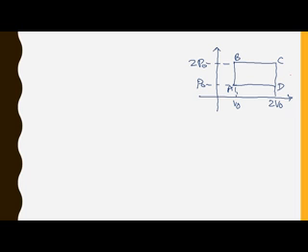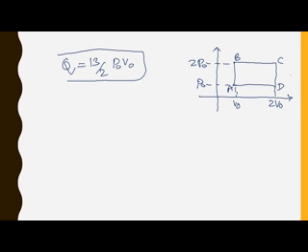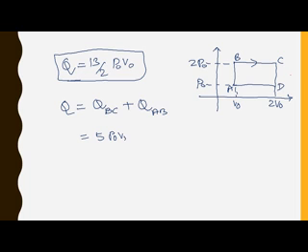Here the heat is equal to 13 by 2 P0 V0. How can we get the Q value? Q is equal to the heat given, Q is equal to heat B to C plus heat A to B. Okay, B to C is 5 P0 V0, and A to B is 3 by 2 P naught V naught.